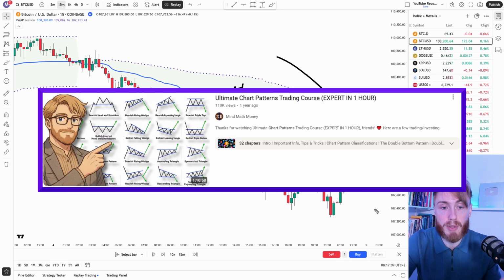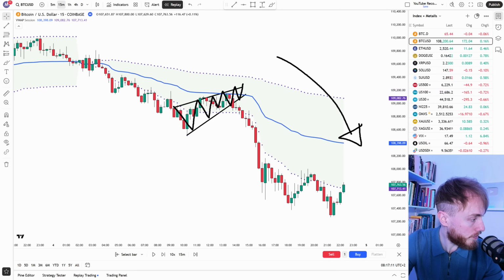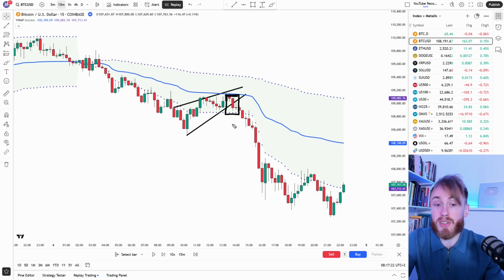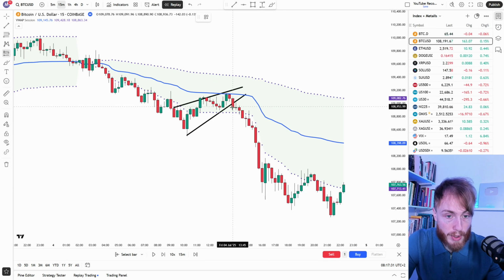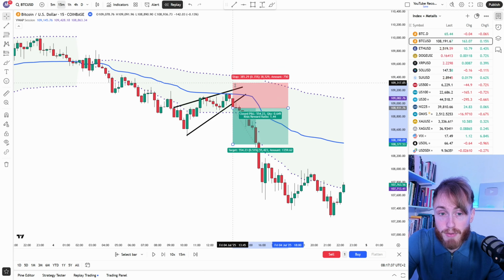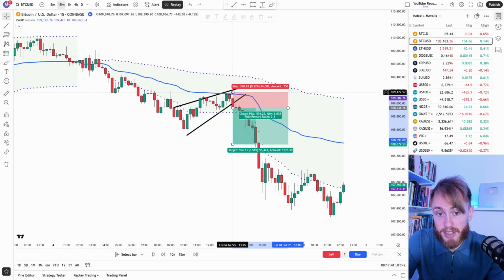But here we had two things happening at the same time. We had the price coming up to the VWAP, and we also had this breakout from the rising wedge. So this right here could definitely have been an entry point. Remember, we're looking for short trades, so if we enter here at the breakout candle, our entry would be right there. As for the stop loss, since this is a rising wedge, I would set it just above the high of the wedge.